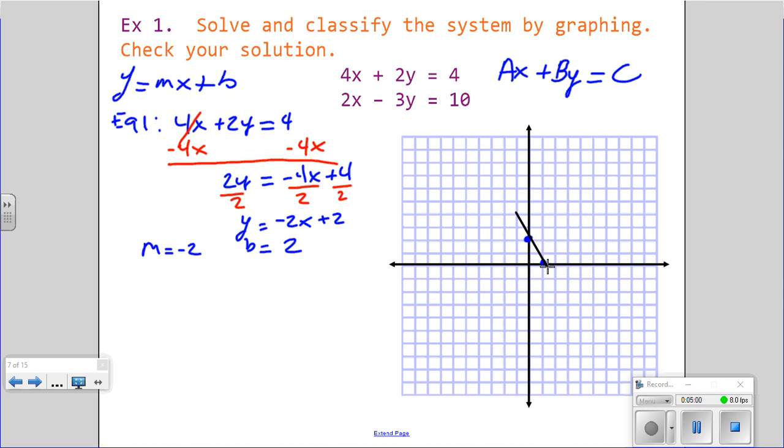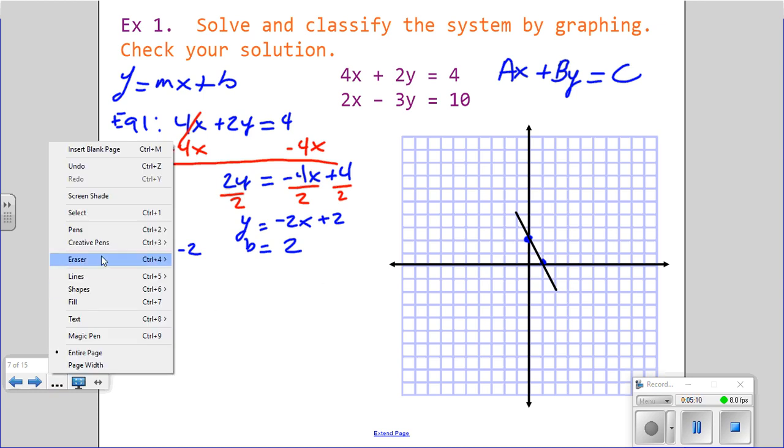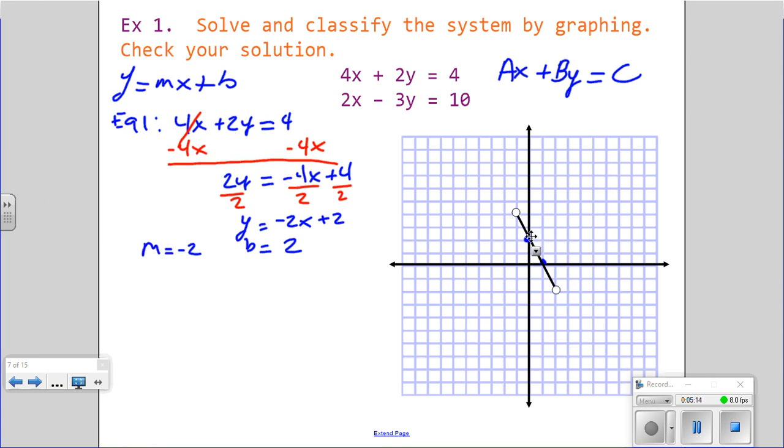And you want to make the line much larger than those 2 points. So I'm going to extend it out a little more, trying to keep the same slope. All right, so that's line number 1.